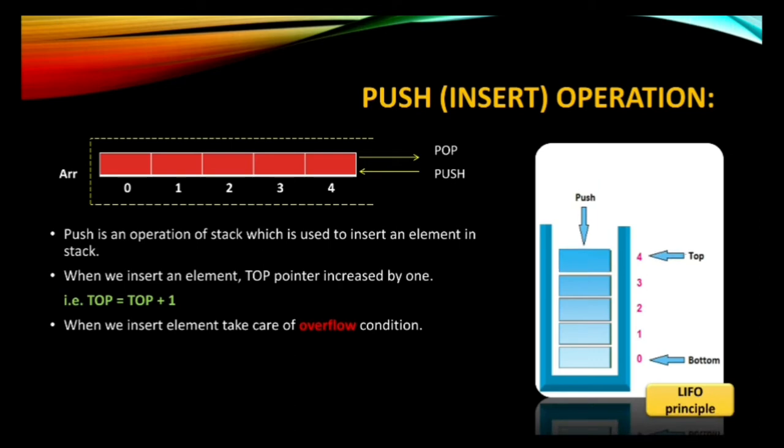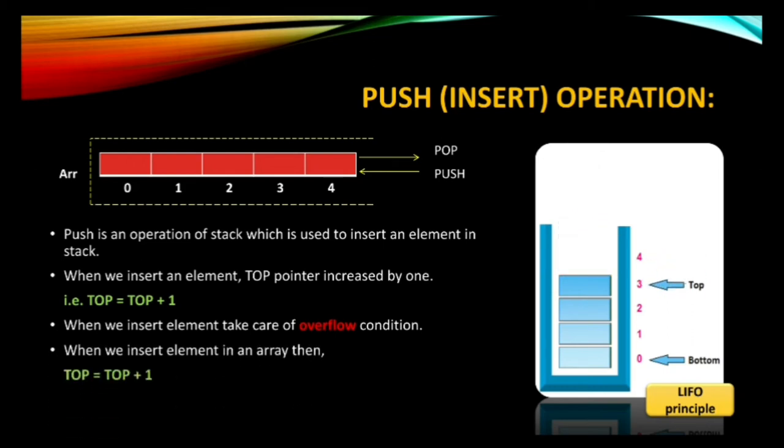Before inserting, we have to check whether an overflow condition occurs or not. If not, then we insert an element by increasing the top pointer by 1. How are we going to insert? Firstly we increase the top pointer by 1 and then insert the element at that position, that is, at the top position.